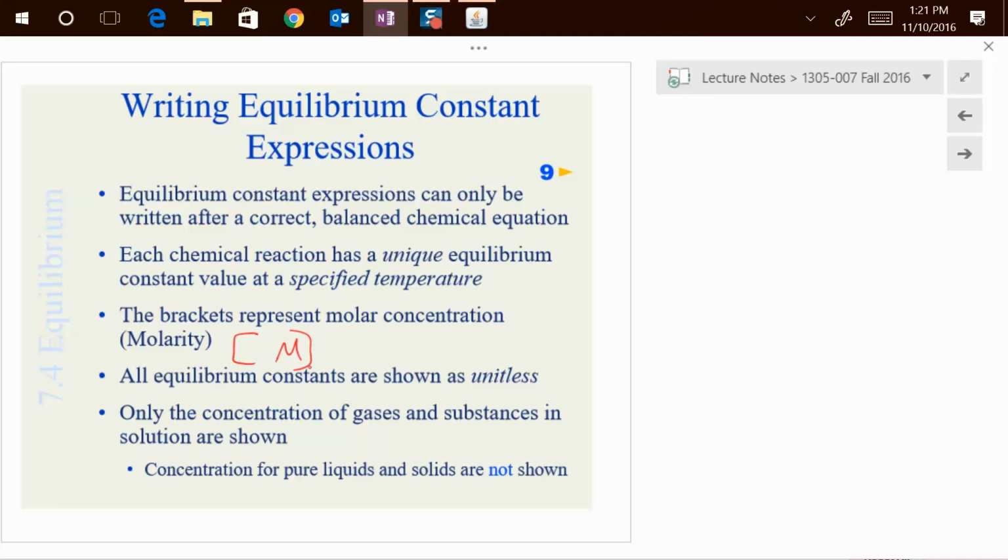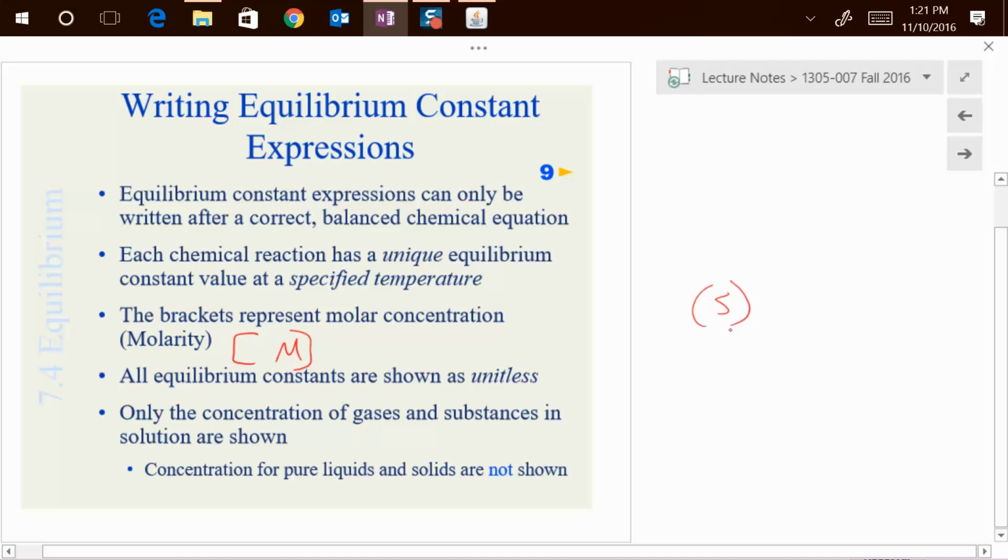Concentrations of gases and substances in solutions are shown, meaning that if I have an equilibrium expression with a solid in it, then I don't include that in the equation. Why? Because solids don't have concentrations. A concentration is how much gas is in this area, or how many molecules of something are dissolved into this much water. That's a concentration.